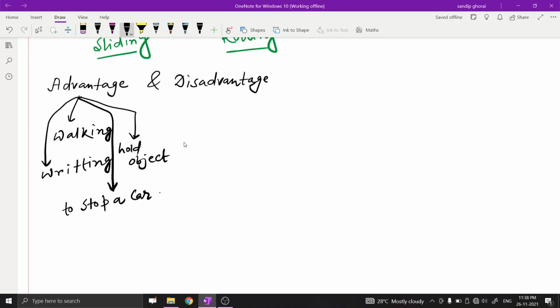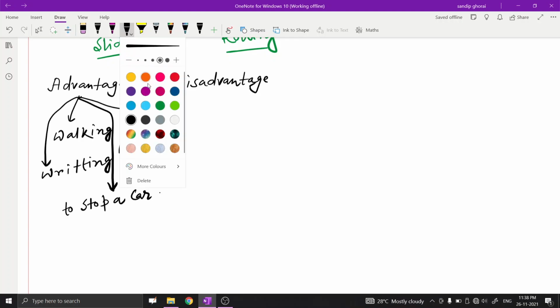And for safety purposes on the road, friction is very applicable, on the highway, for safety purposes.